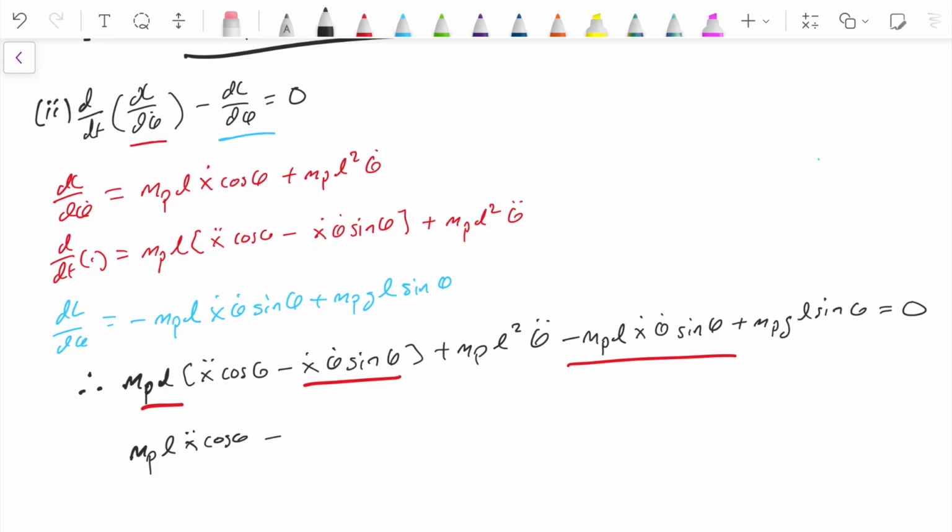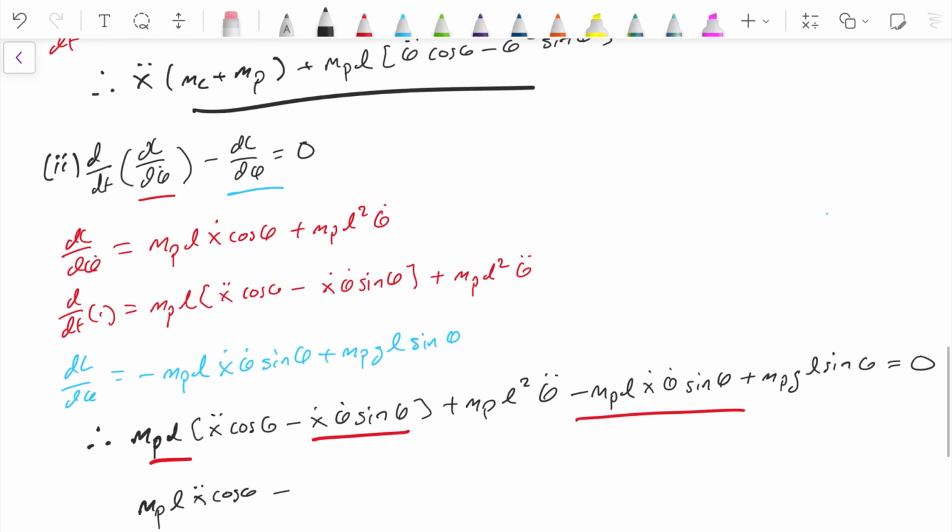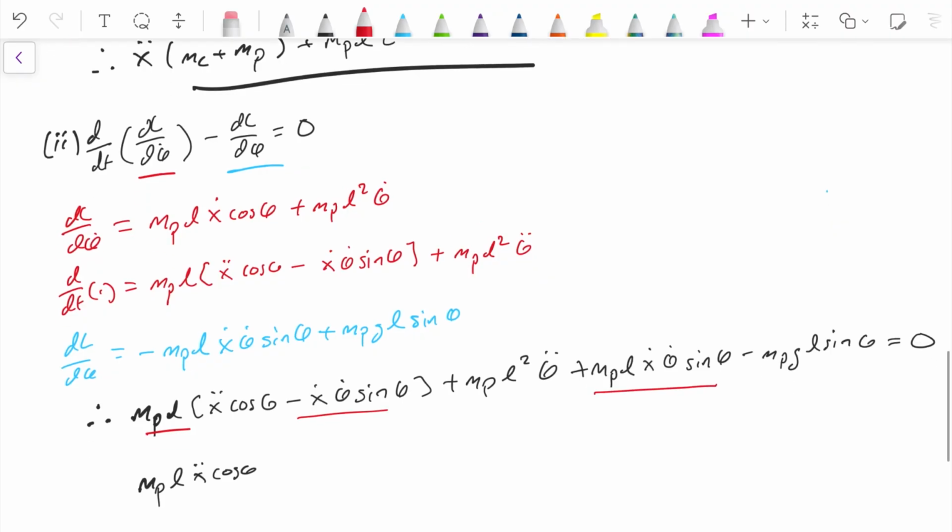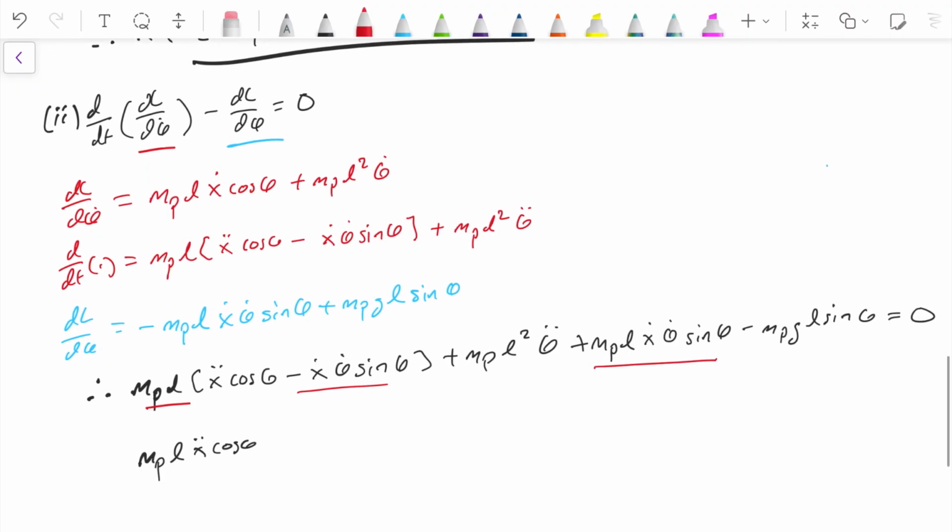Oh, sorry, we need to sum, that's why they can drop. That's a partial L, partial theta, but combining, this is a plus and this will be a minus. There we are. So then this can drop. That's what I was thinking.